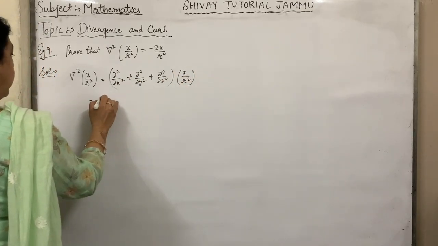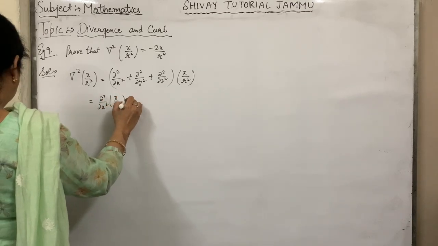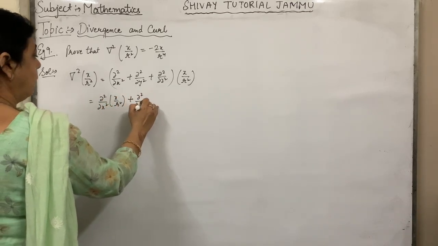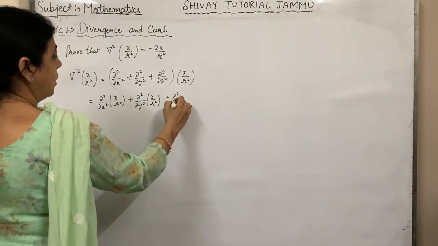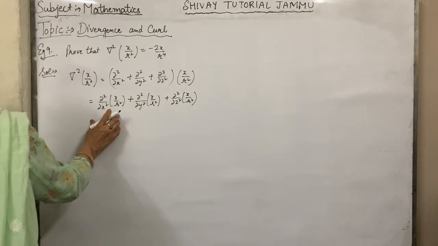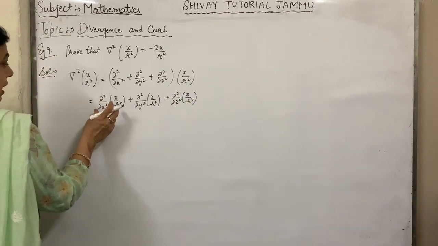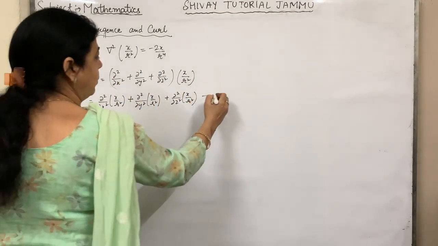I will write it as ∂²/∂x² of x upon r square, ∂²/∂y² of x upon r square, ∂²/∂z² of x upon r square. I will find these terms separately. So firstly I will find this, then this, then this, and substitute the values in equation 1.